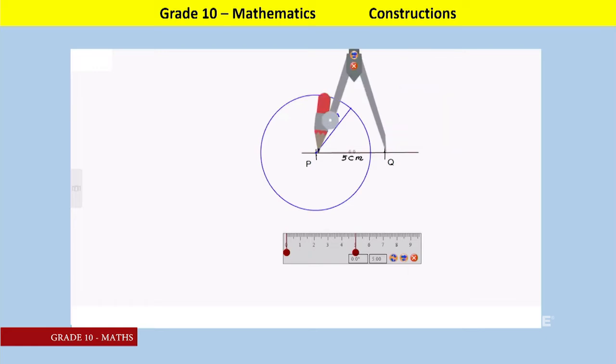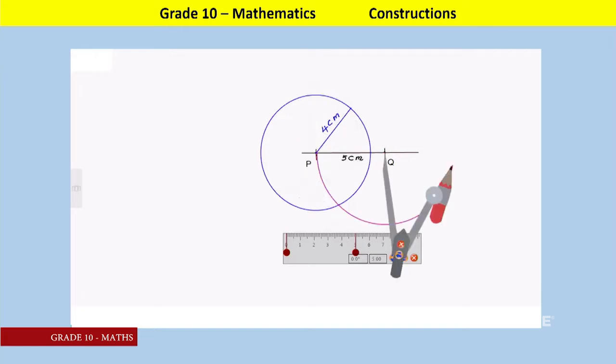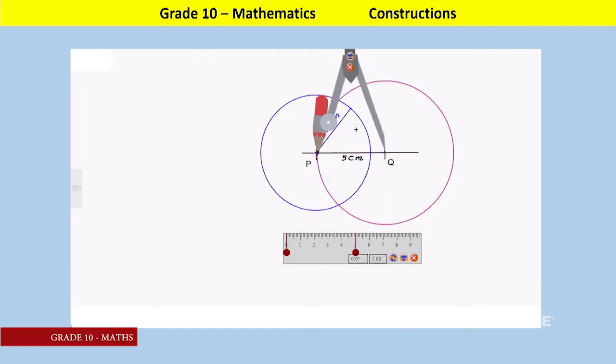That is the locus 5 centimeters away from Q. Keep the steel point on Q. Construct a circle. Let's mark that radius as 5 centimeters. Right. Children, can you find X?